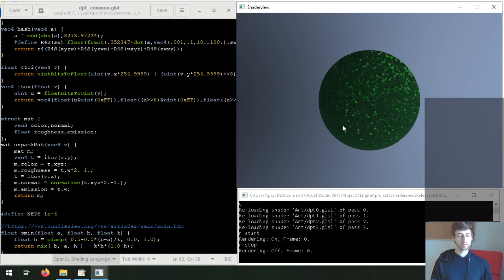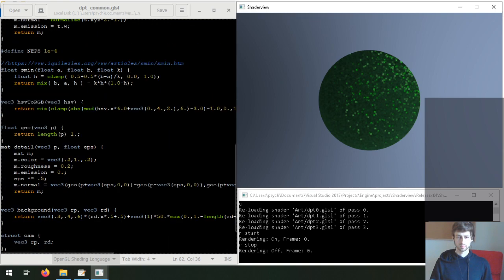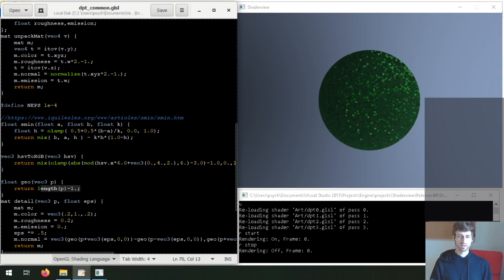There's like a planet with a hole in the center of it. Yeah, maybe I'll just try to make terrain to begin.